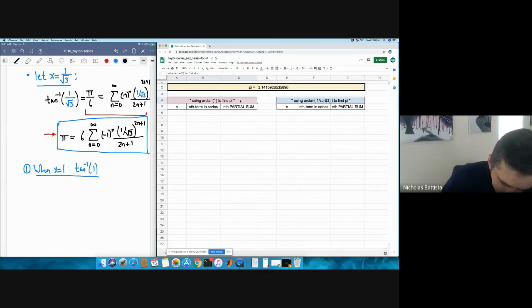If you remember, what we found for pi in this first case was pi is equal to 4 times the infinite series from 0 to infinity of -1 to the n all over 2n plus 1.